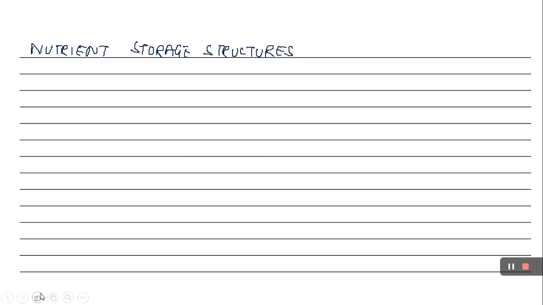Number one, inclusions. These inclusions are considered to be non-living components of the cell, and they do not possess any metabolic activity.